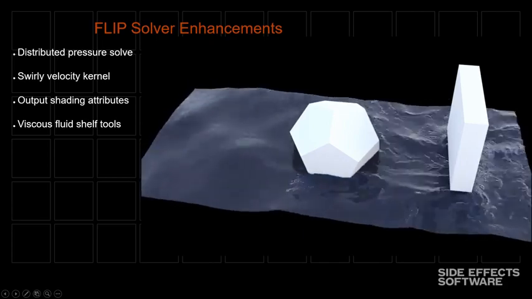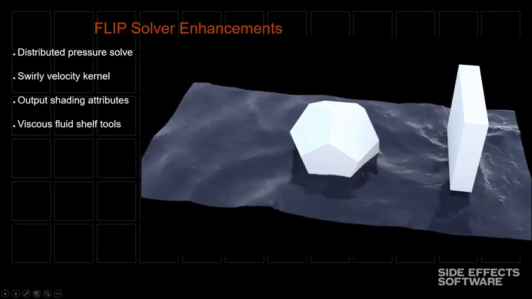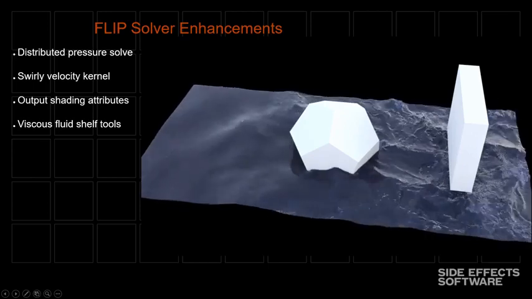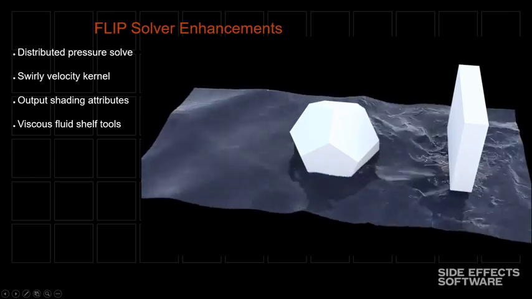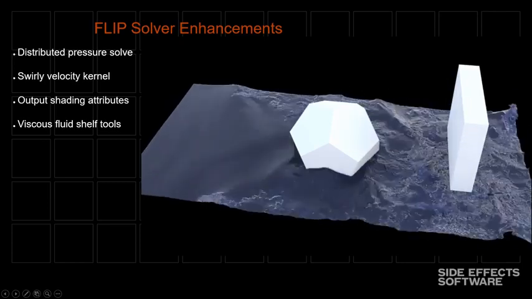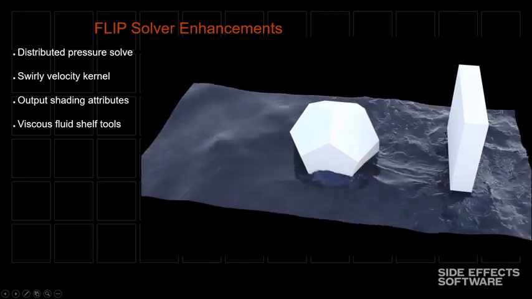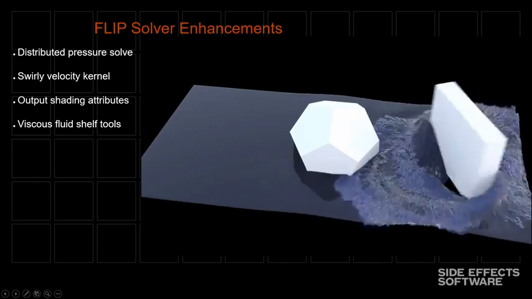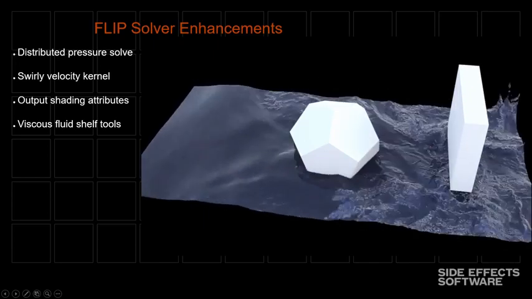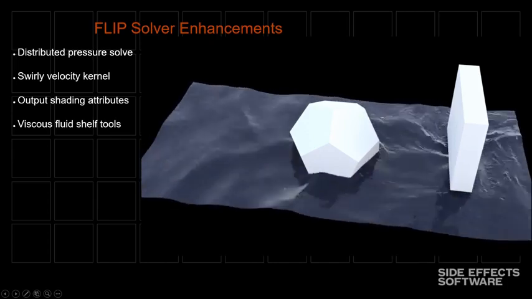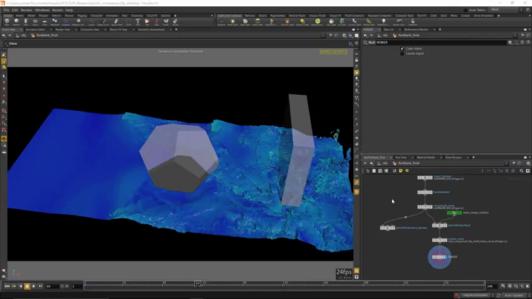That's basically a new way of transferring the velocities from the flip particles to the underlying fields or grids that are used for things like the pressure solve, and we'll talk about where that might be useful. We've got some new shading attributes that are output from the flip solver, and that's actually what you're seeing in this video here: some render time shading and displacement being done based on vorticity from the flip simulation. And then finally, there's a new set of shelf tools specifically designed for creating viscous fluids.